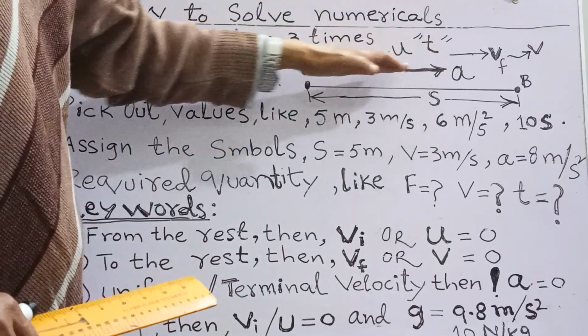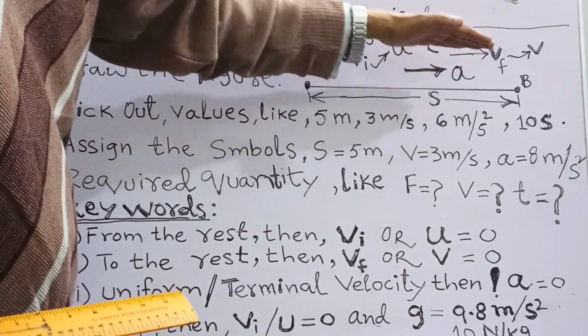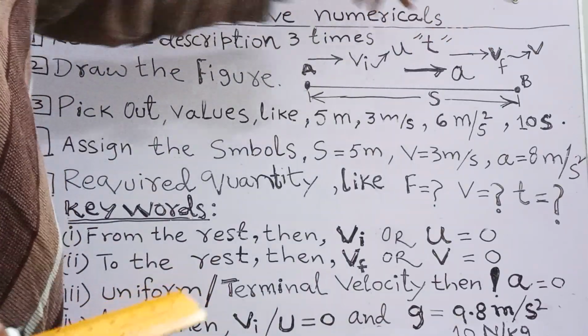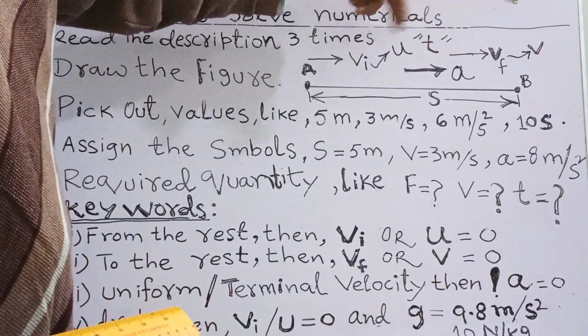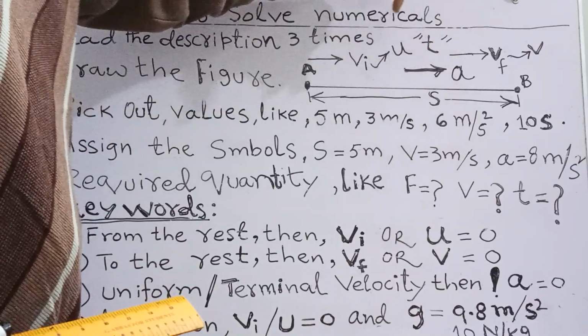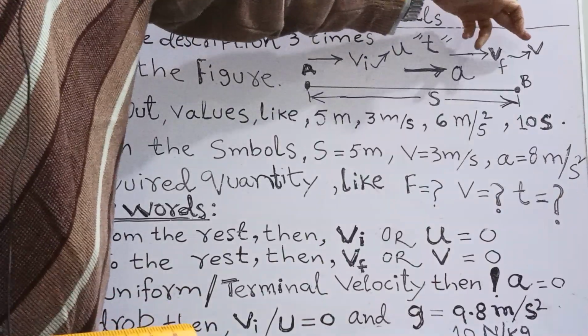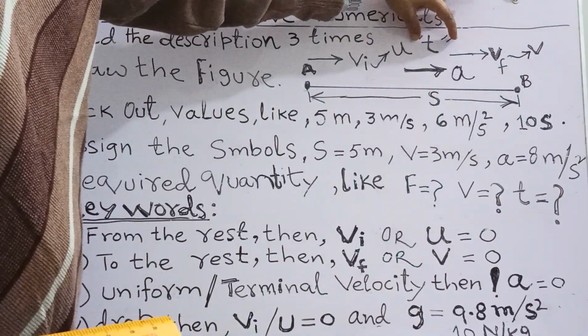And a is the acceleration gained by the body during this journey. Acceleration means the velocity of the body is increasing, and it increases from Vi to Vf, or it changes from u to the final velocity v during the time interval t.